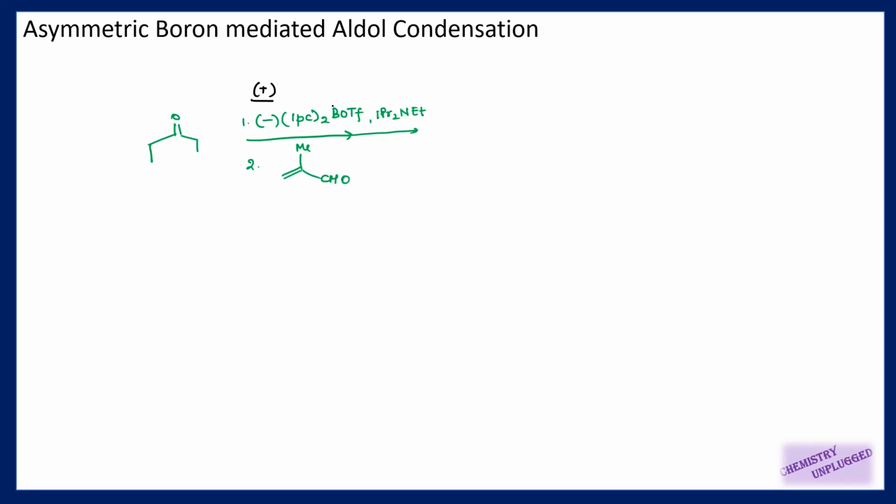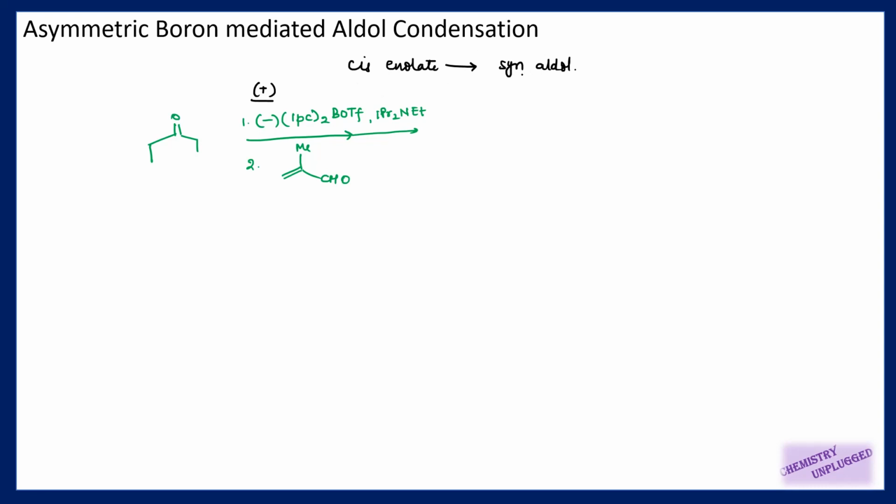It means first they will give cis enolate and then this cis enolate will give us syn aldol product. So remember the case of this reagent also. Sometimes you can think that because it is bulkier in size, it will give us trans enolate, but remember the case of IPC, where you will preferentially get cis enolate and then it will give you syn aldol.